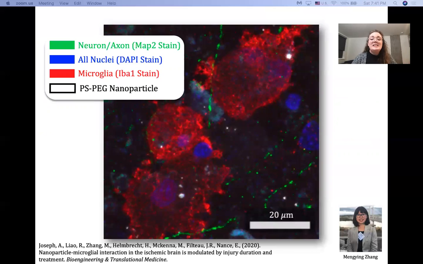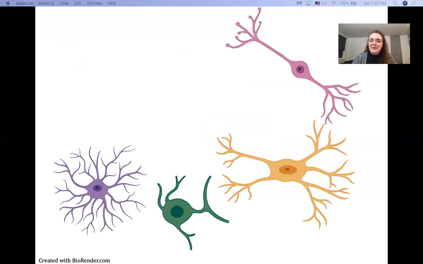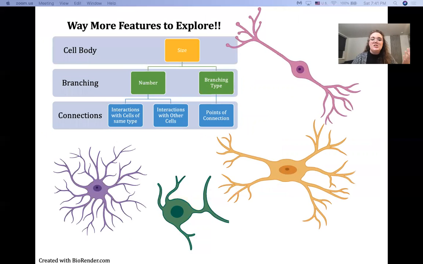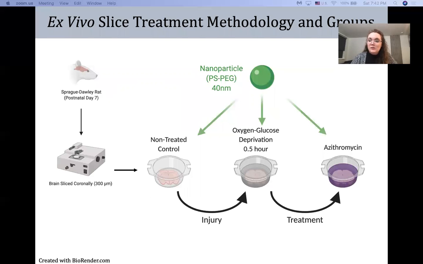That way we can take this complexity and we can add in other cell features and run analysis on multiple cell types, since microglia aren't the only cells in the brain and there's so many features we can look at, that we can take TEXTILE and build modules that are based on the theory behind the ex vivo slice methodology that informed this experiment.